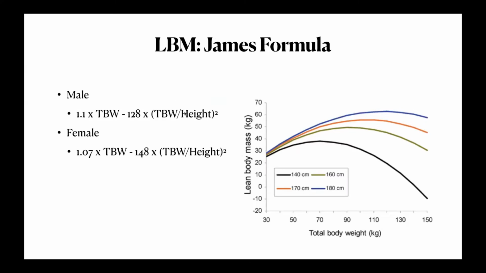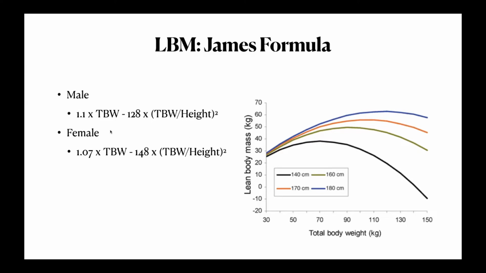Now, with the lean body mass formula used in Schneider, they used what's called James's formula, which is a negative quadratic formula because of the function here, -128 multiplied by total body weight divided by height squared.